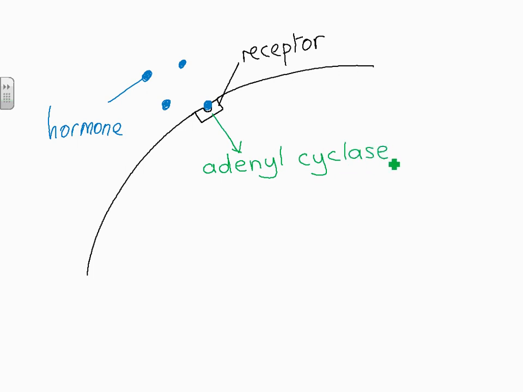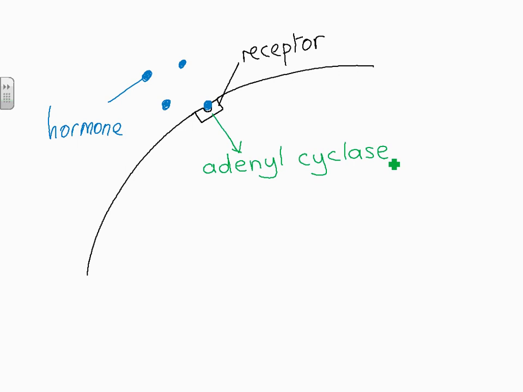Now, that adenyl bit, heard of that in... well, ATP, the A in ATP is adenosine, and that comes from a base called adenine, and that's what this is about. It's about that same base. You find it in ATP, you also find it in DNA, so it's a very useful substance, and it's part of our second messenger system. So this is actually to do with ATP, to be honest.